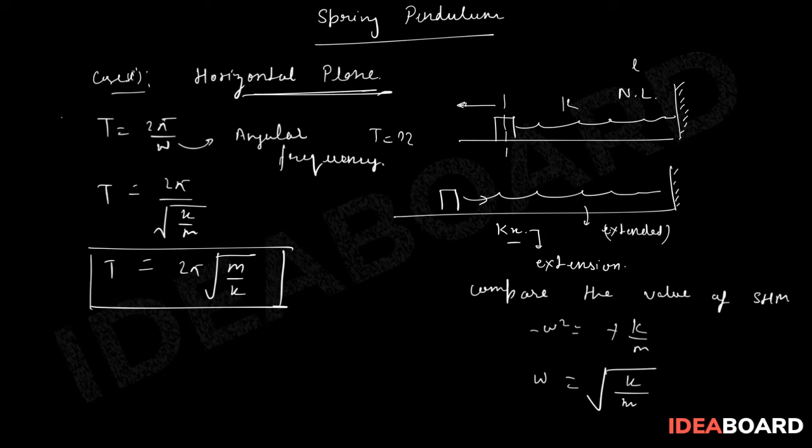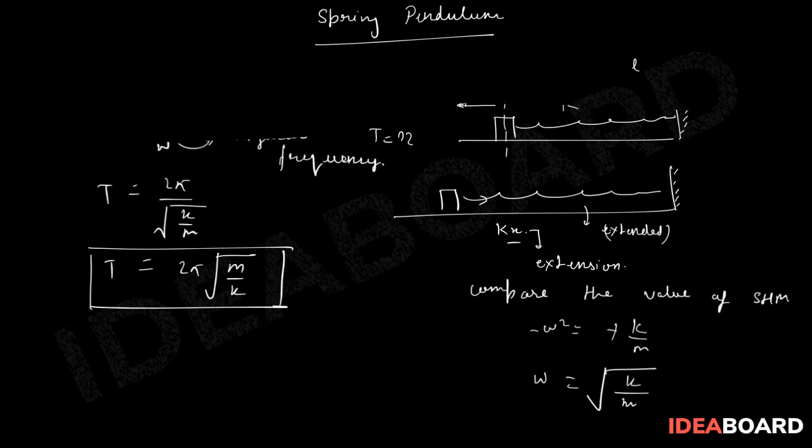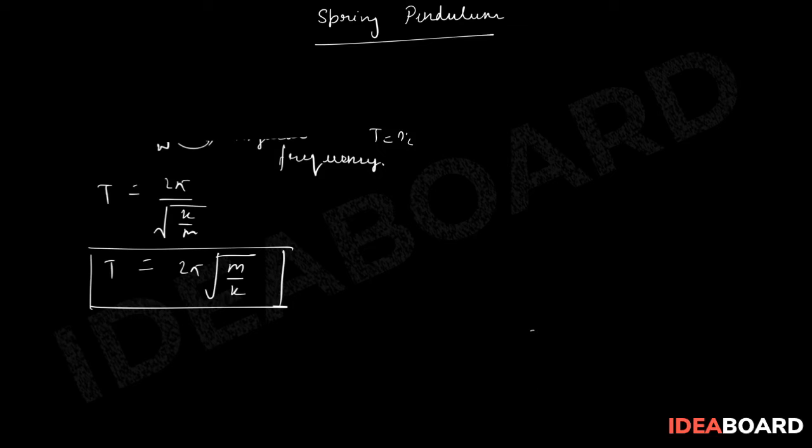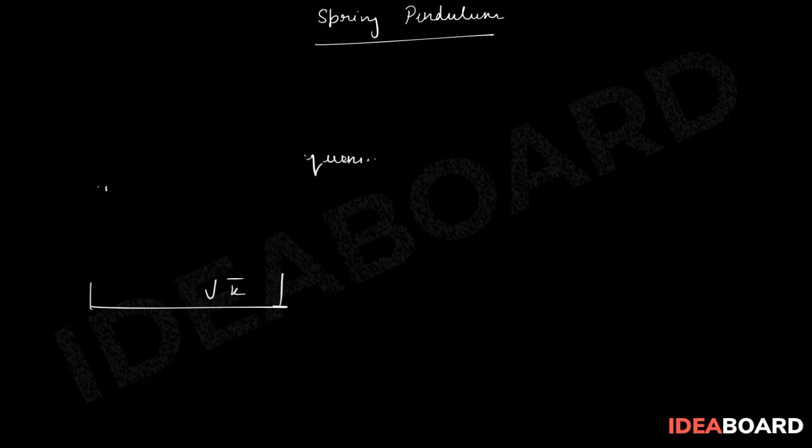Okay, now we have to see this about vertical case. So let me remove this. And vertical case will be pretty interesting, you will see. So case 2, vertical plane.